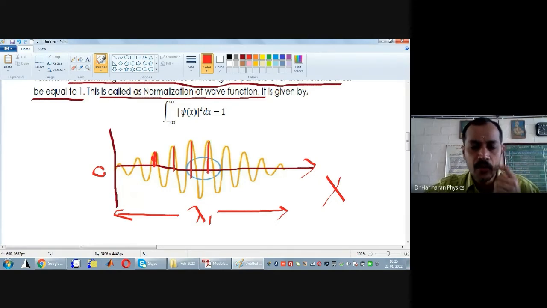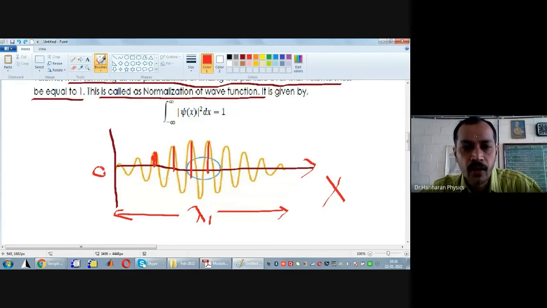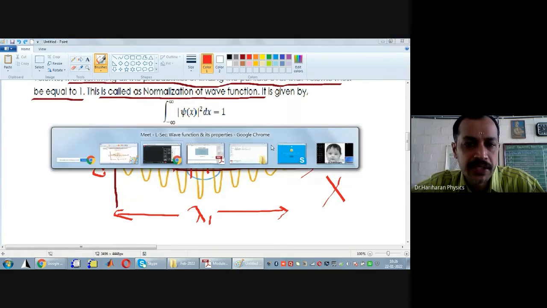Therefore, if I know for sure that the electron exists somewhere within this region, and I add all these probabilities between 0 and lambda 1, the sum of all those probabilities should be equal to 1. This we call the normalization condition. So what is the expression for the normalization condition?